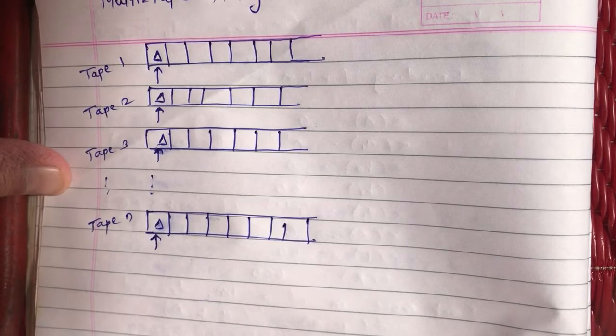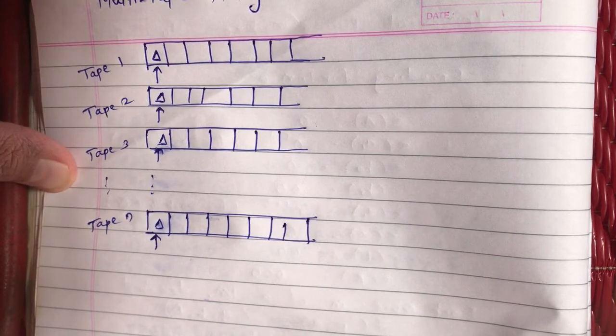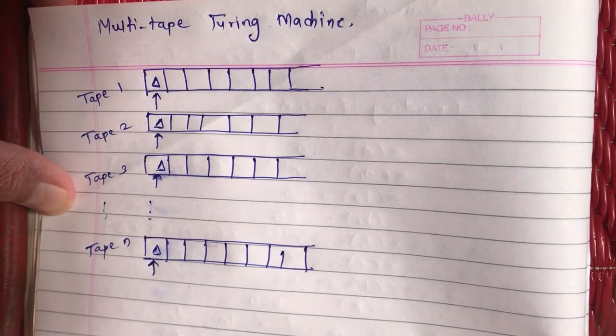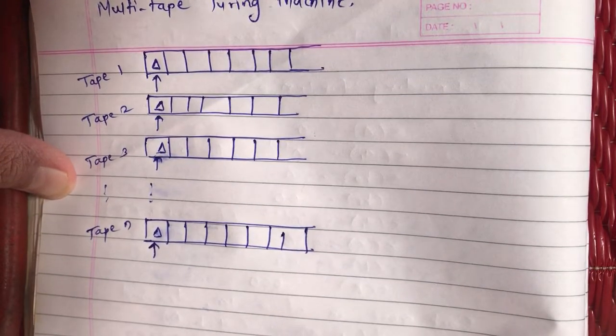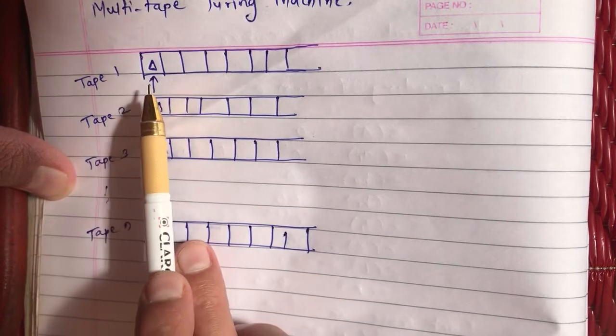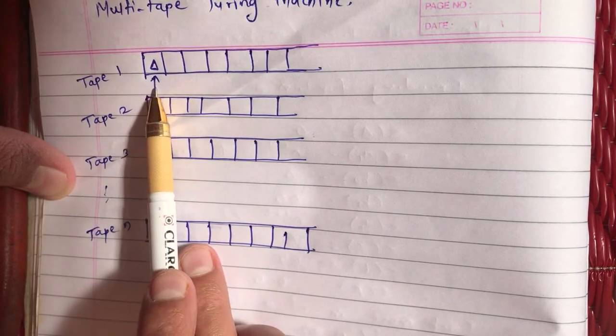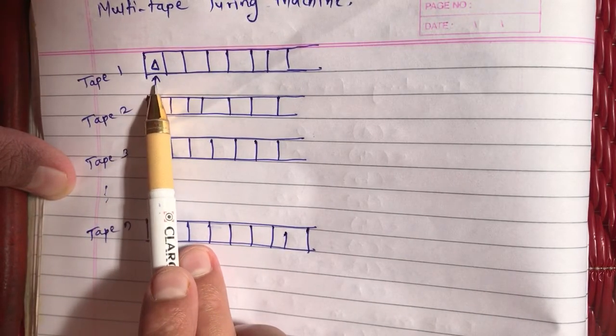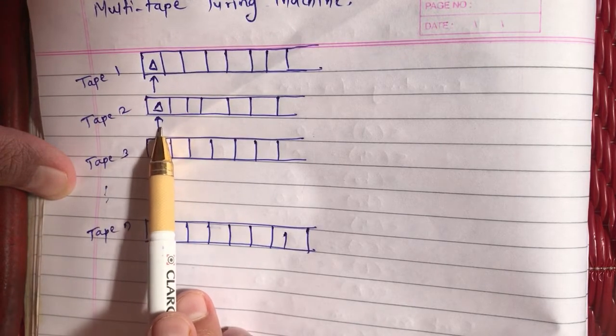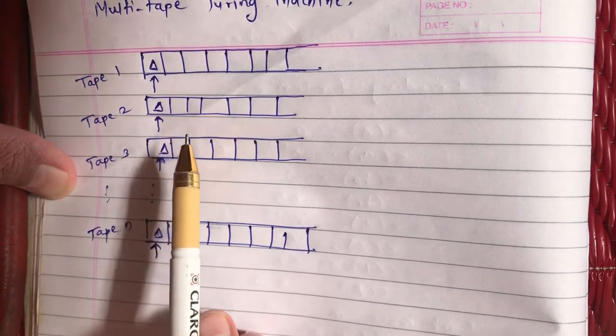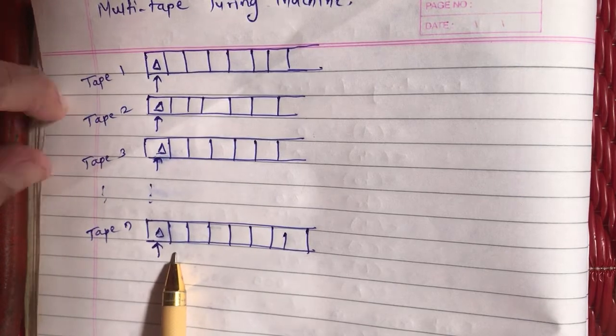For a particular transition that will take place in this multi-tape Turing machine, suppose you are in a state, say Q0, okay? From Q0, when you are performing a transition, there might be a combination like what is present currently on the tape head of tape 1, what is currently present on the tape head of tape 2, tape 3, and so on up to tape n.